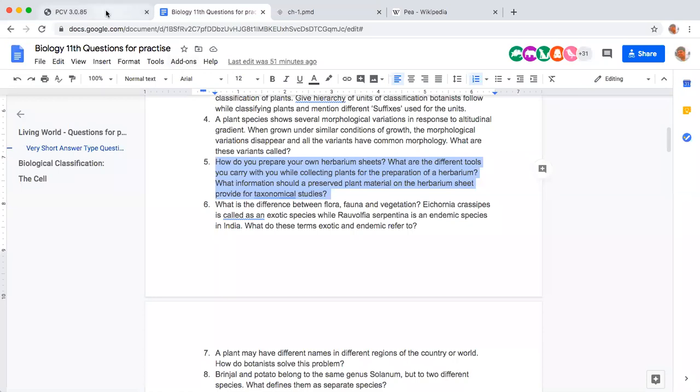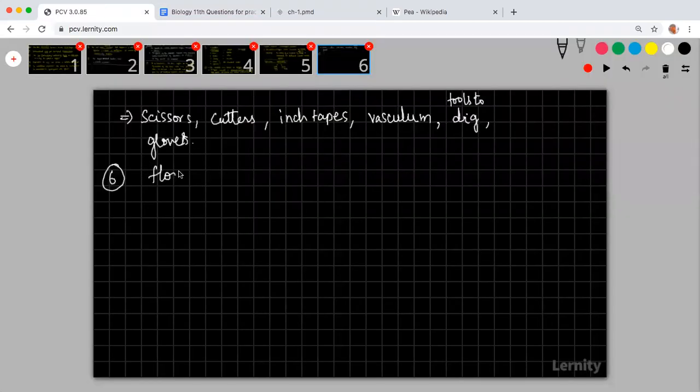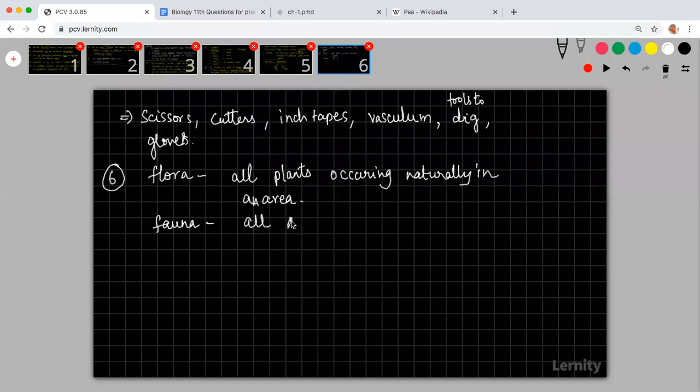What is flora? All plants occurring naturally in an area. What is fauna? All animals occurring naturally in an area.